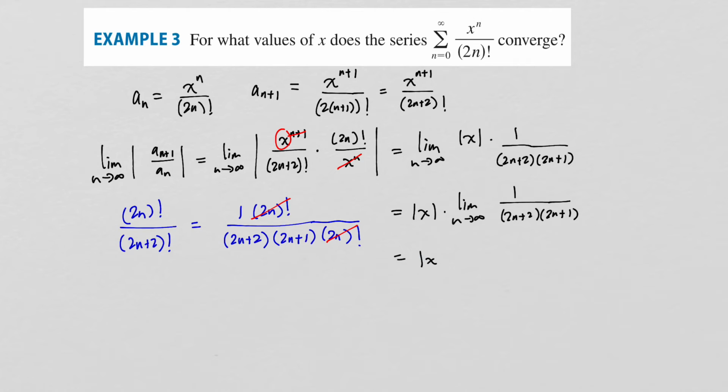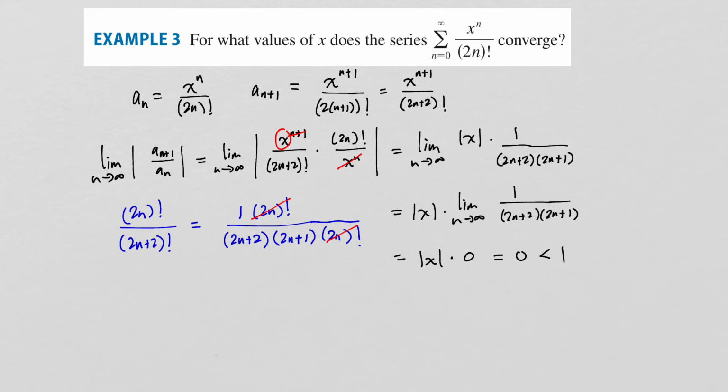And this is the absolute value of x times 0, right? Because this goes to 0. Now, no matter what value x is, that number times 0 is always going to equal 0. And 0 is always less than 1. So this is the exact opposite of what happened in the previous example.